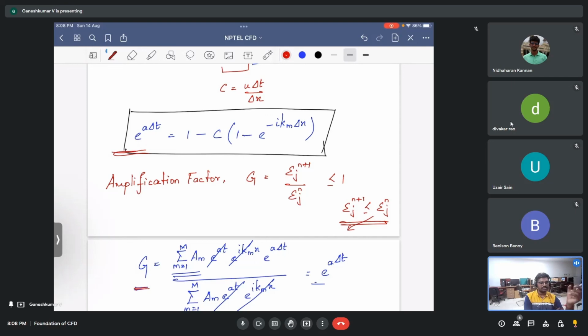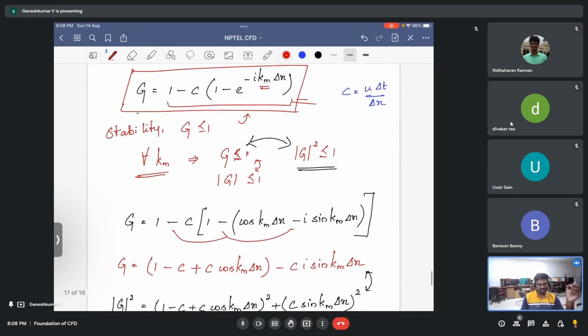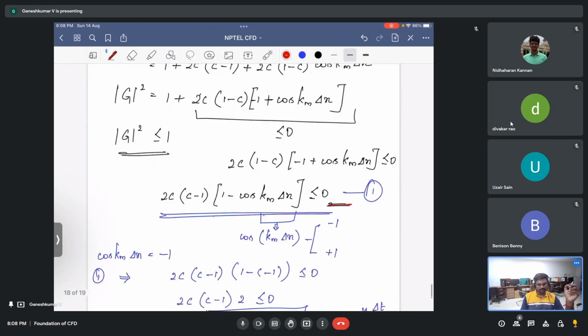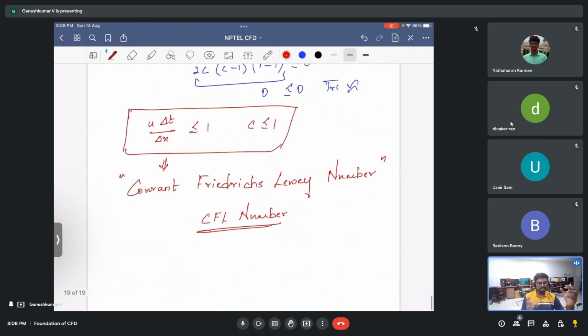Because there is no delta t, right? This CFL is for transient simulation, so there is no such thing called delta t. In a steady state, to have a numerically correct solution, there will be some conditions.